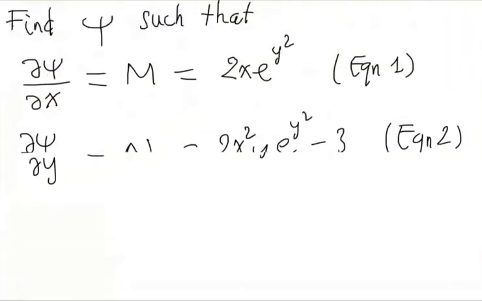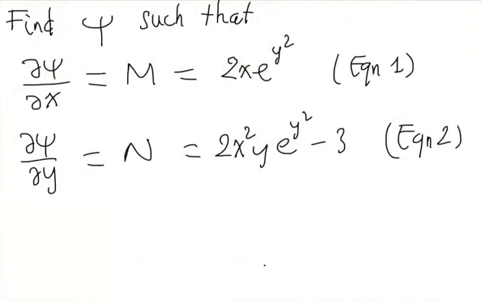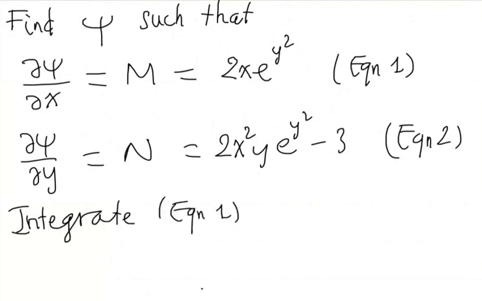As before, if you can guess what psi is, then you can write down the formula for it. Otherwise, there's a systematic way to do it. Integrate equation 1 in the x variable.